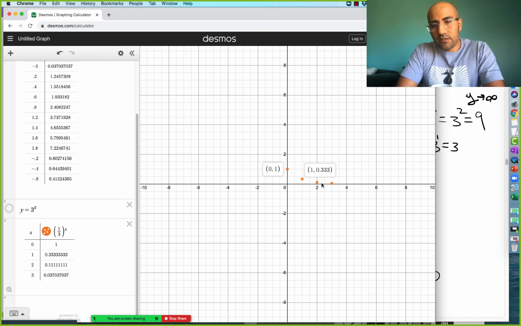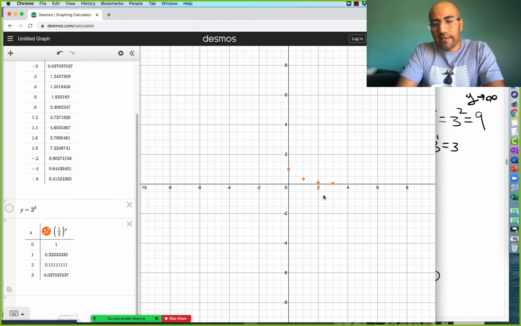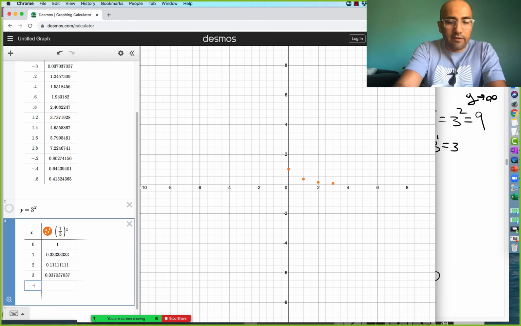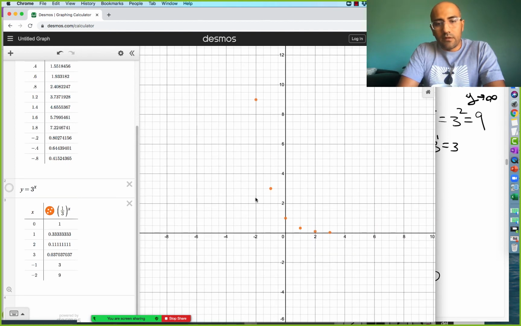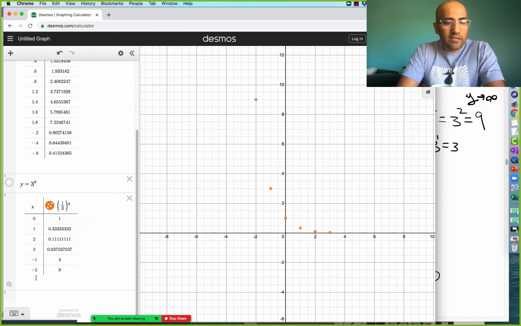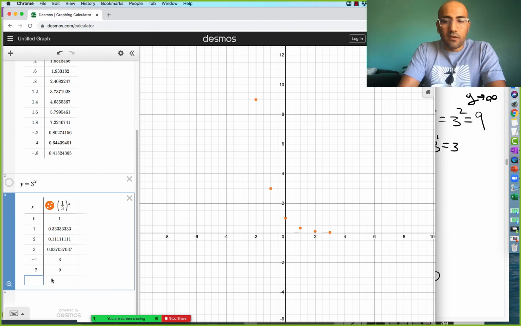Okay, so you can see it's getting smaller and smaller as the input values go toward positive infinity. The outputs of this function are going to get smaller and smaller. Okay, in the other direction, if we type in a -1, we get a +3. If we type in a -2, we get a +9 up here. Good. And again, just like before, we don't have to stick to whole numbers since we have a nice computer to help us.